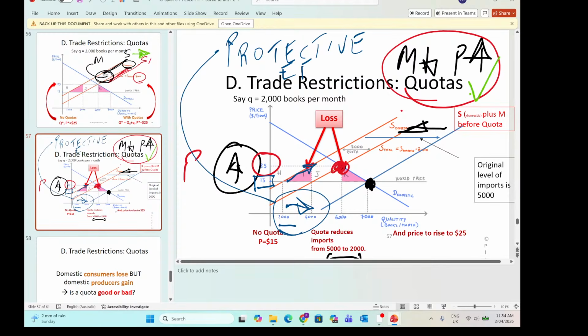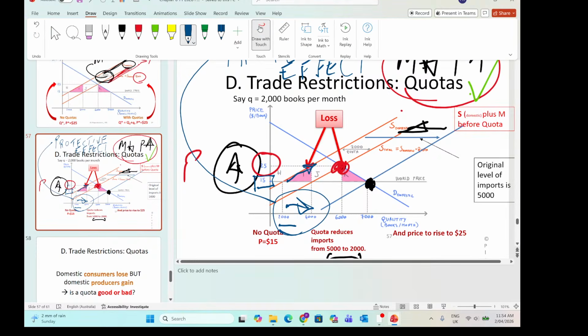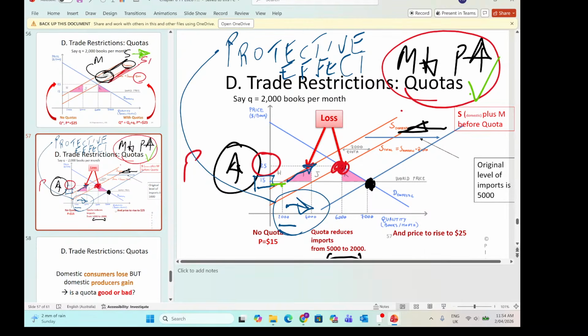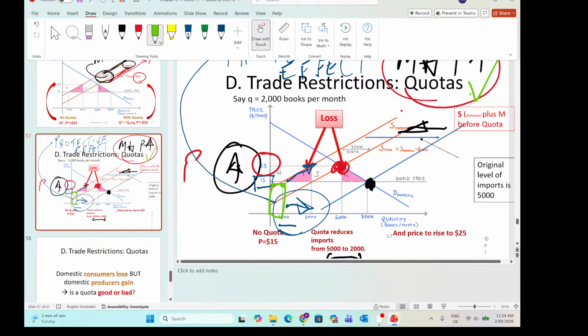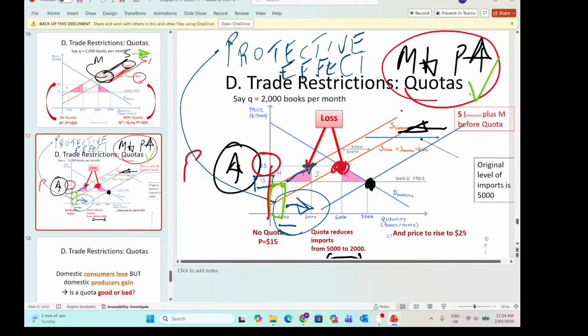It's the protective effect. Why is it protecting the firm? It's protecting the firm because the firm's revenue at the world trade price was $15 times 2,000, the little green rectangle. But now, once the quota has been introduced, the price rises to $25.